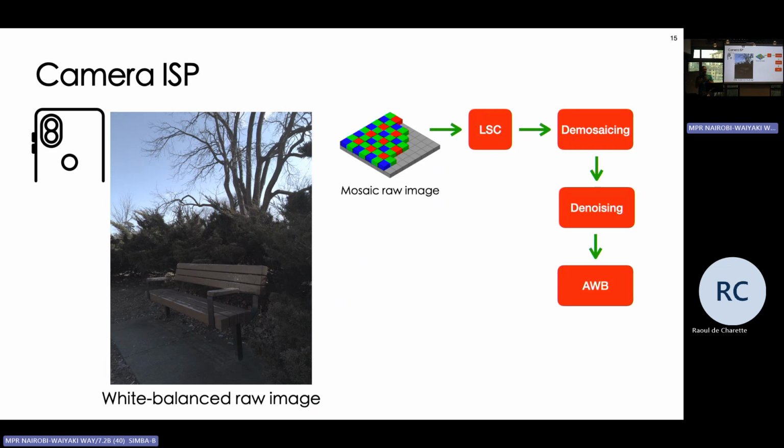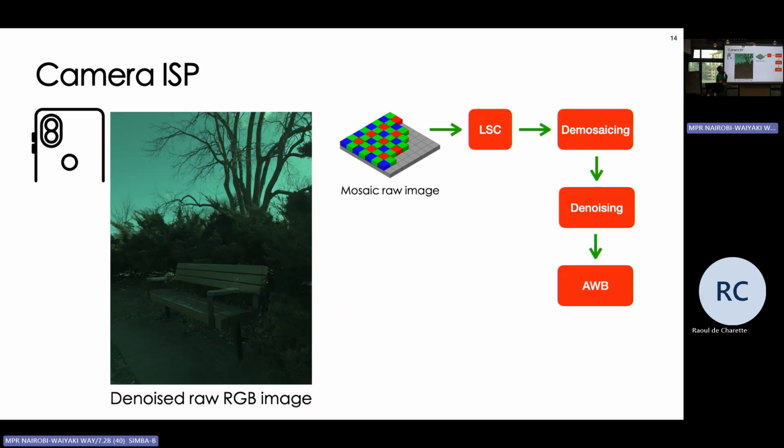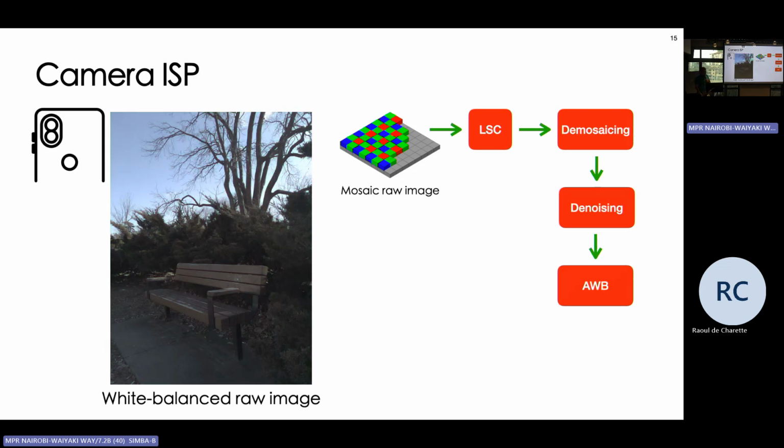It includes the greenish part here, and the color of the light source. So we try to remove that with the auto white balance correction. And then right now we have the white balanced raw image, and this image is in a non-standard color space, which means if we have two different cameras and we capture the same scene, we will observe different values.